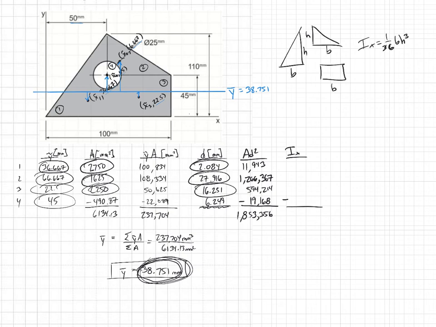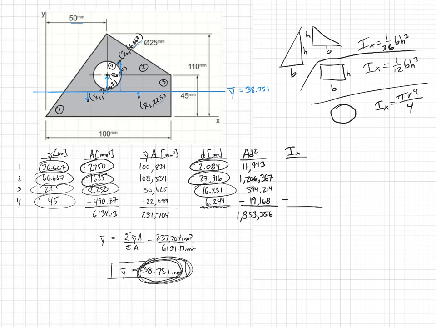For the rectangle, IX equals 1/12 base times height cubed. And for a circle, I'm not sure that I remember this one off the top of my head, but I believe it's pi r to the 4th over 4.